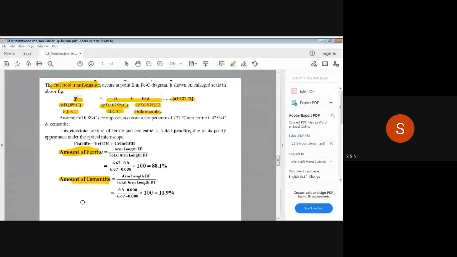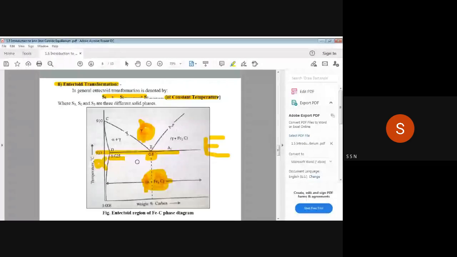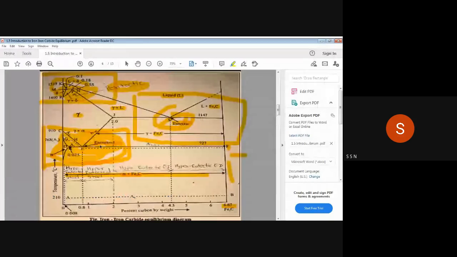Now how to calculate amount of ferrite? मोठे डायग्राम बघू आपण. In this diagram, ferrite is on this side, alpha ferrite. So opposite arm divided by total arm. Opposite arm will be EF. EF arm length जी आहे इथून या E point पर्यंतची, that divided by total arm.